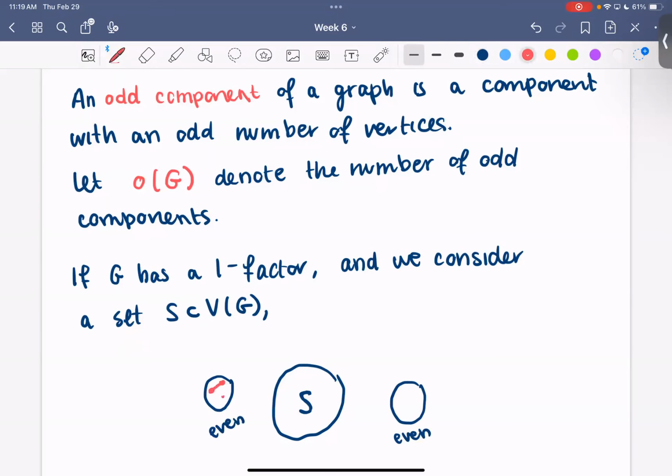If these don't have any edges going to S, then every edge of the one factor has to be contained inside of here. So these would have to be even, but we might have some odd components sitting like this that do share an edge to S. So these would be odd.